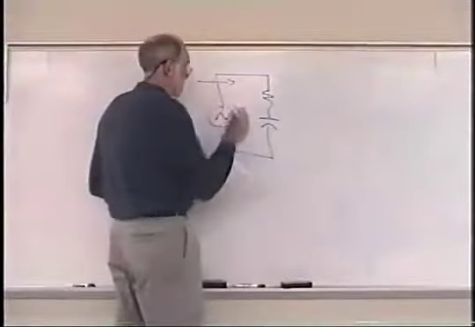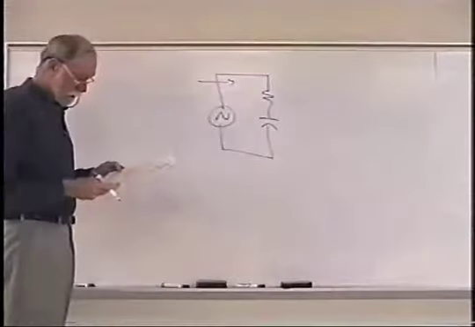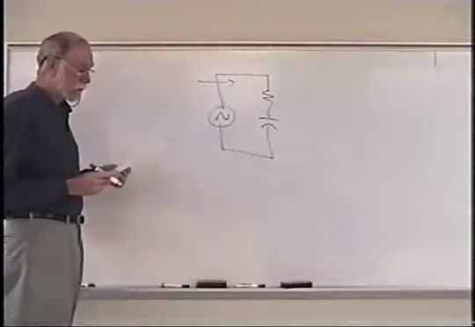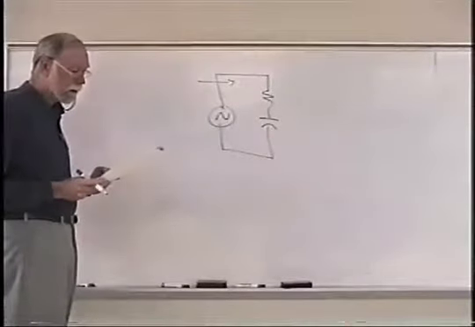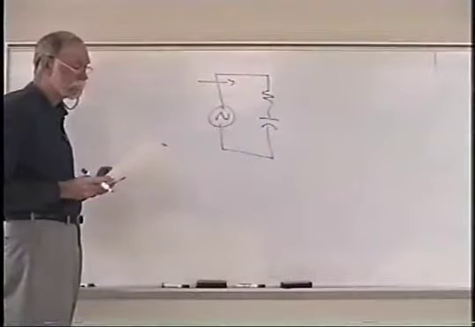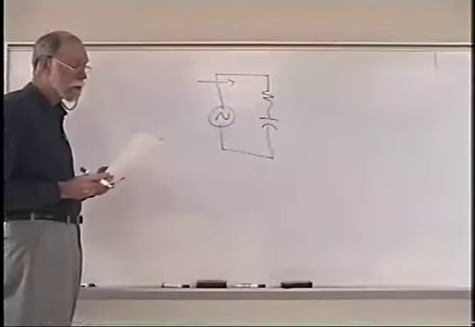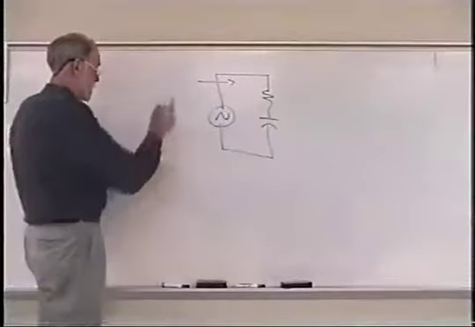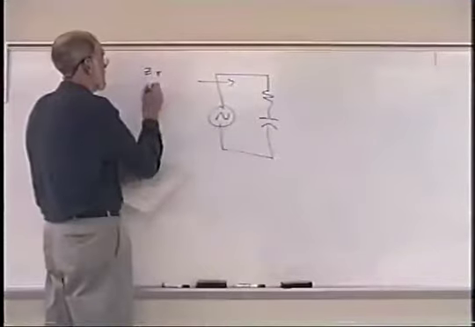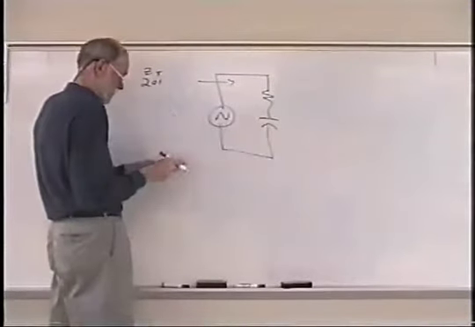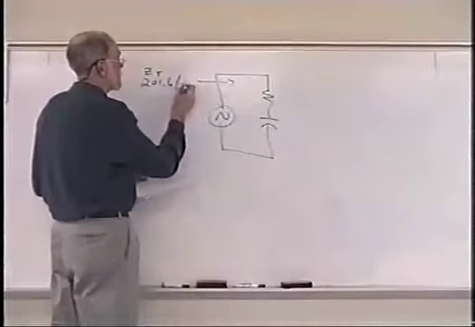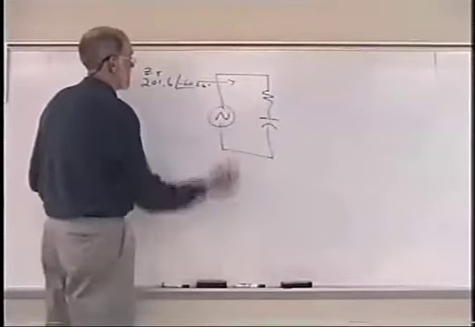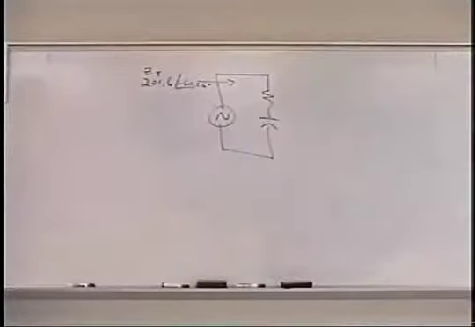So we had a total impedance of 201.6 at an angle of negative 60.26 degrees. That was the total impedance that the source sees looking into that circuit.